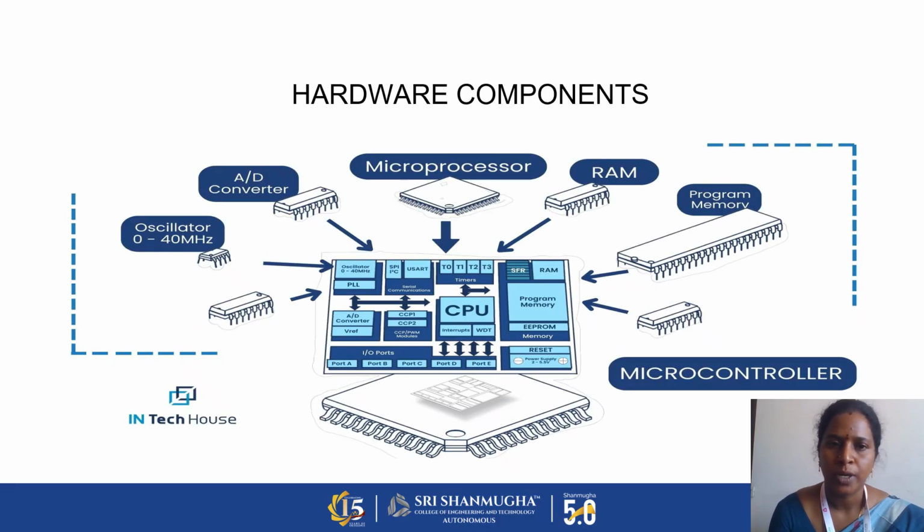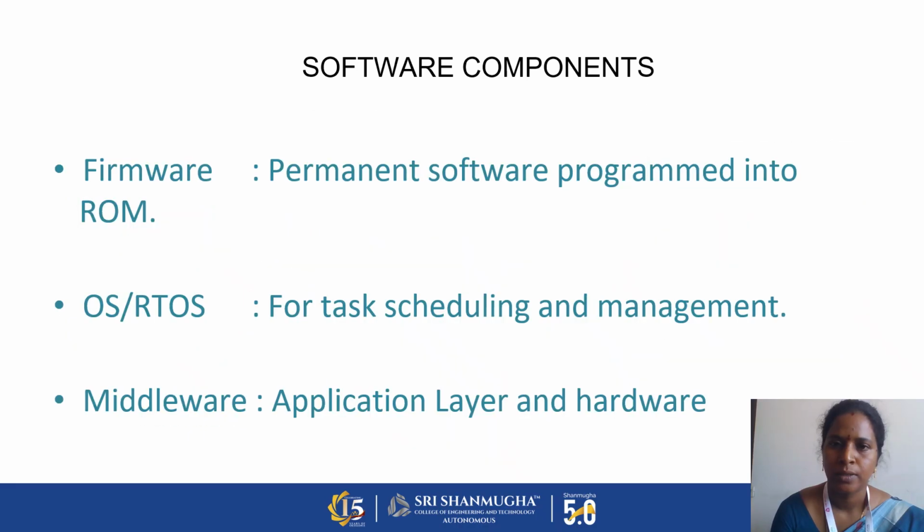Some of the hardware components I have mentioned here are oscillators, analog to digital converters, microprocessor, random access memory or read-only memory, depending upon our application, and some controller segments to connect the entire process. Software components include the permanent software program in the read-only memory, and a real-time operating system especially for task scheduling and management, and middleware, which is the application layer between the software and the hardware part.